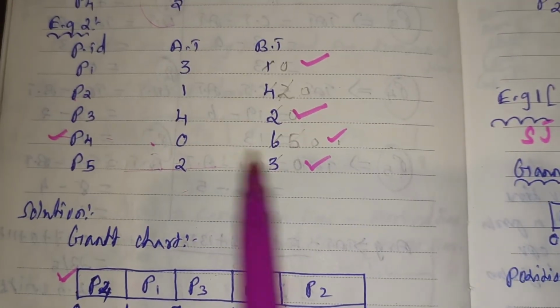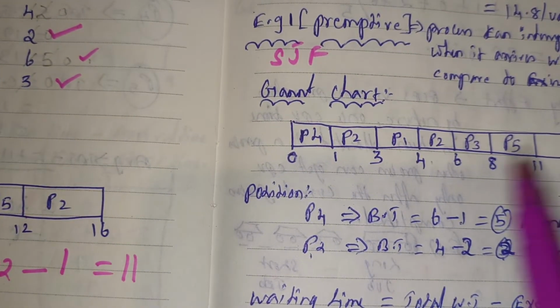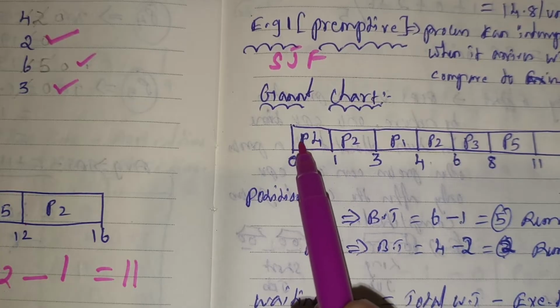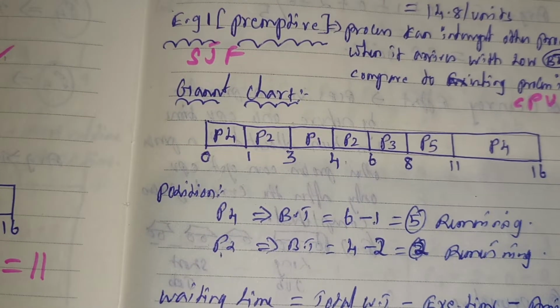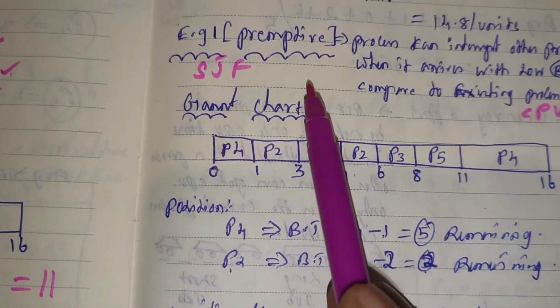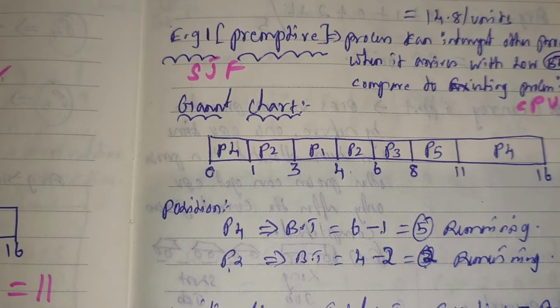Now check it. Who arrives first here? Process 4. Process 4 arrived first. How long will this process 4 run? That is a very big million dollar question here. Why? Because we are talking about preemptive scheduling.